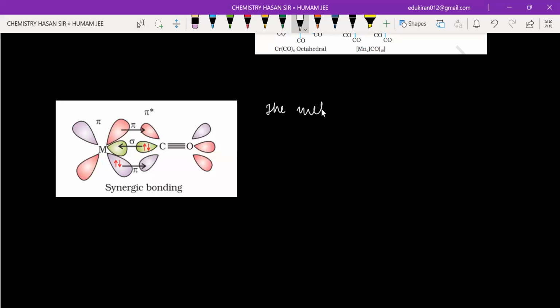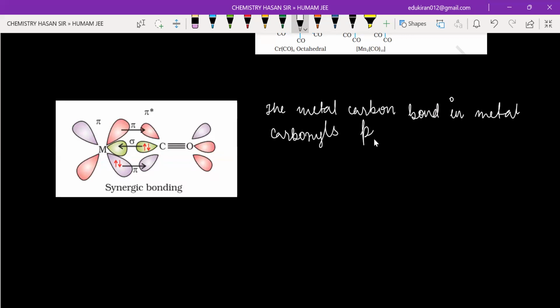So the first point we can write is the metal carbon bond in metal carbonyls possess both sigma and pi character.